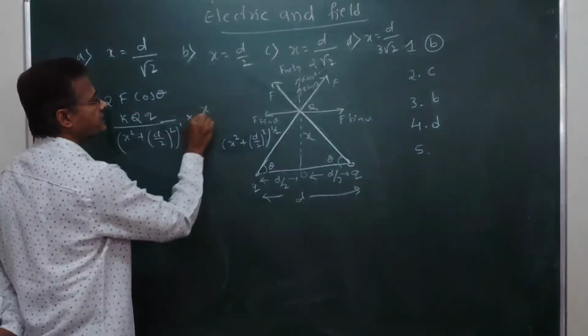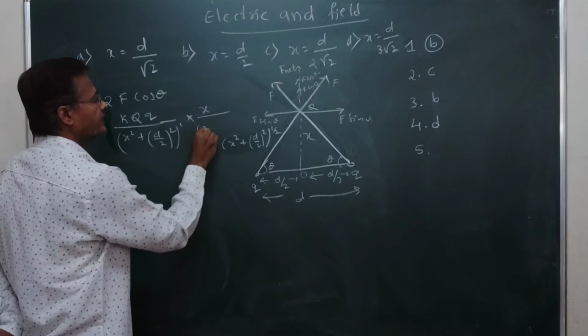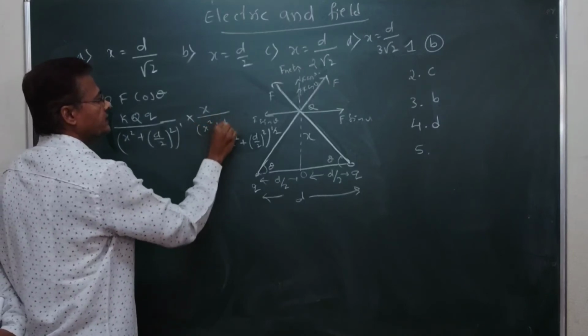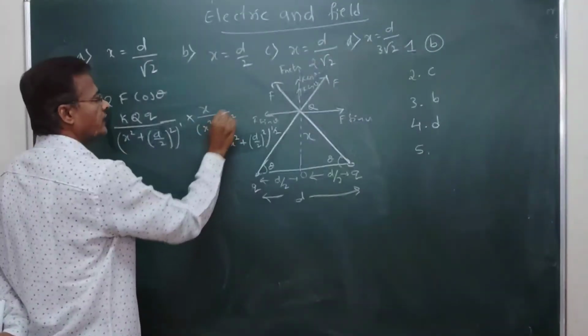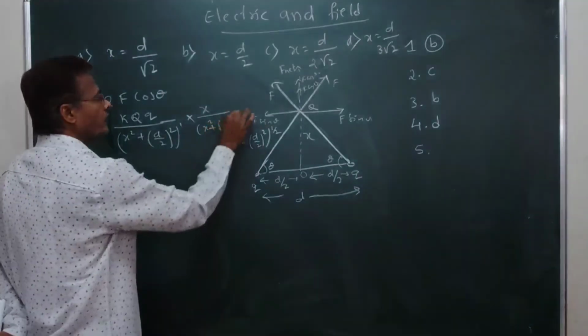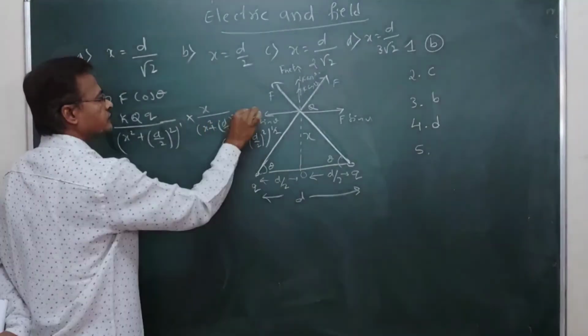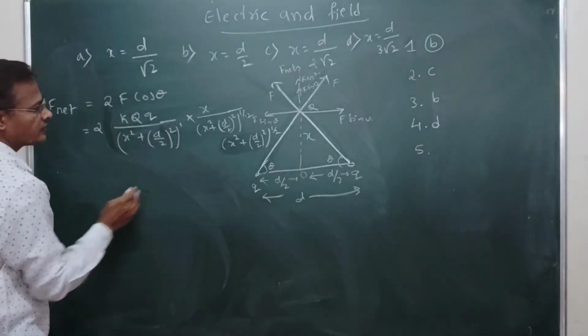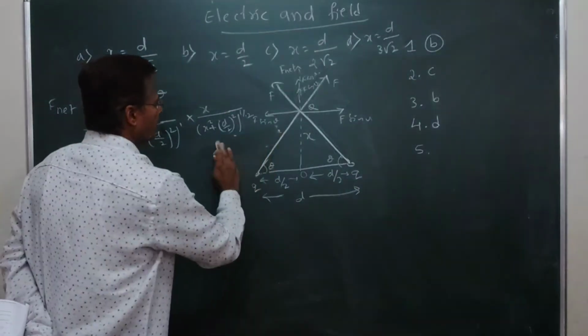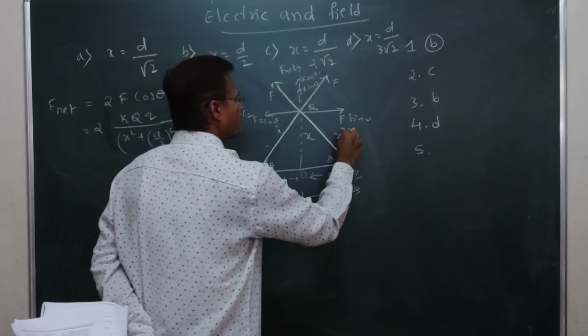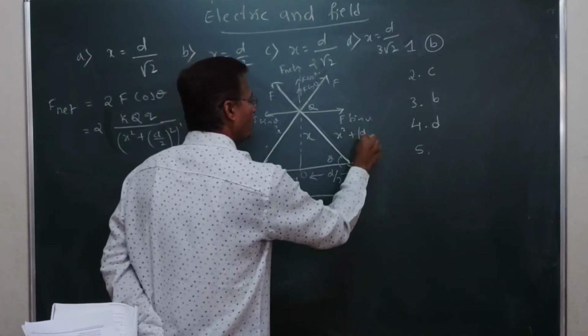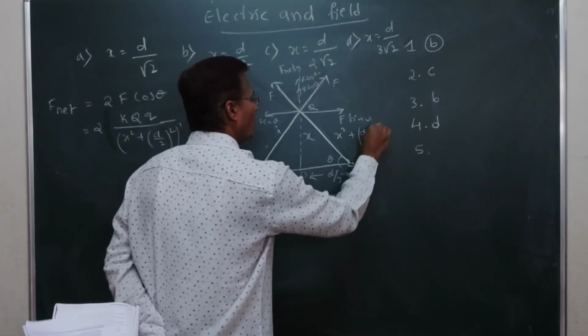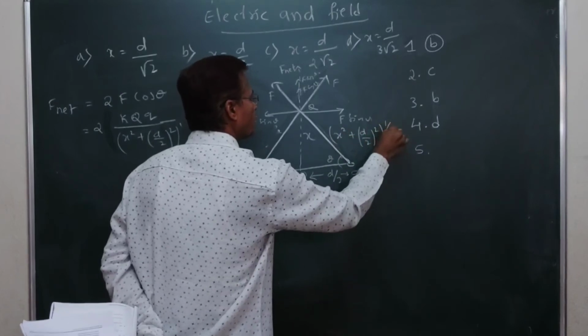Adjacent, that is x divided by x square plus d by 2 whole square to the power of 1 by 2. Now the net force we can write on this side: x square plus d by 2 whole square to the power of 1.